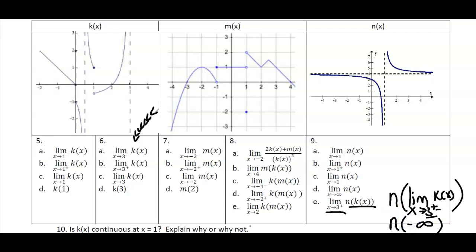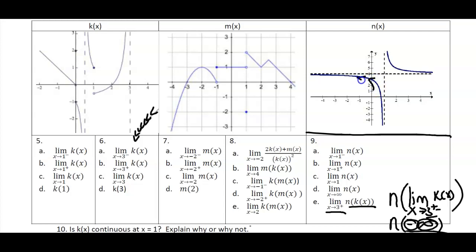Now, what does this mean? Well, instead of thinking of this as a y value, as we switch over here to the n graph, it becomes an x value, because now it's an input, right? So we're going to negative infinity. Now, since this is an x value at this point, that means we're going to go to the left forever.